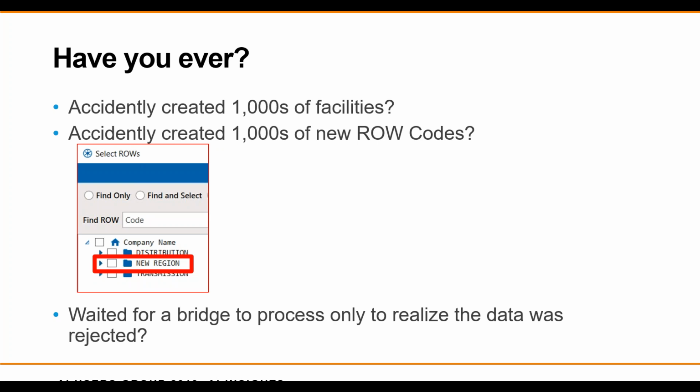So if you have facilities that are duplicated, that's an easy one. You could use a separate bridge to move them to a different row code, like a placeholder row code, and then delete the row code, and that deletes everything underneath it. That's a really quick way to do it. You can also move inspections and maintenance in 2.0 with facility key bridging.